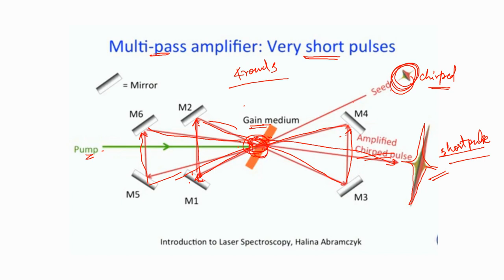Each time it passes through the gain medium doing the rounds, its intensity is amplified. Finally, after passing through M6 and the gain medium, what we get outside is the amplified chirped pulse, which is the output.